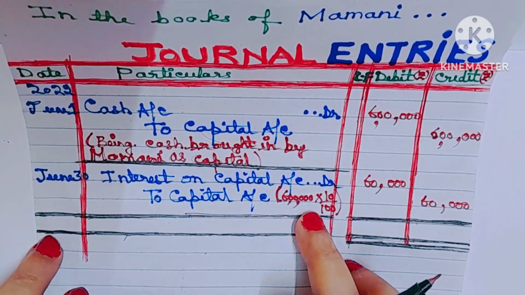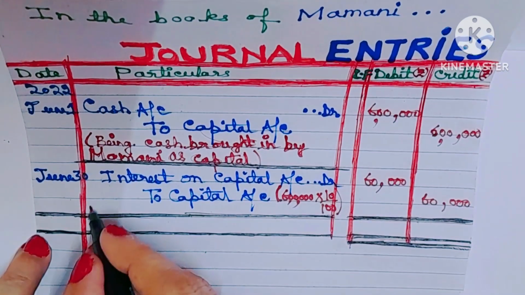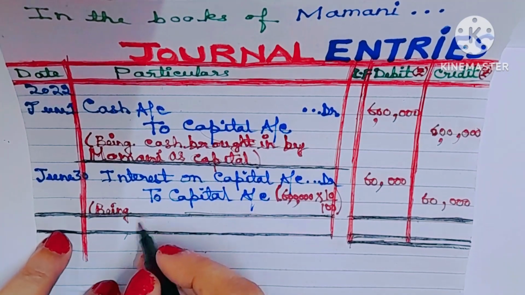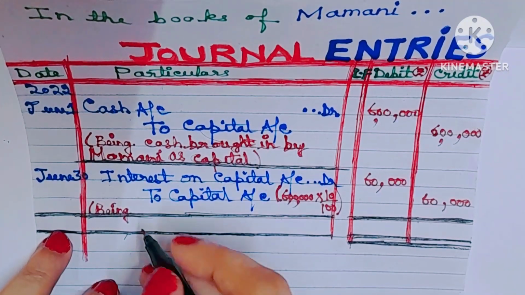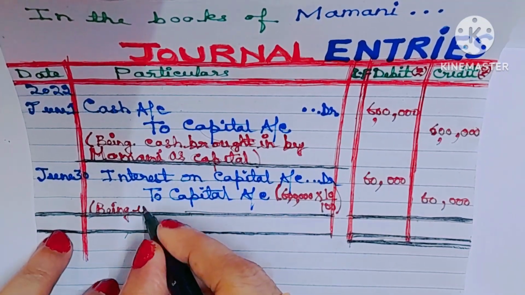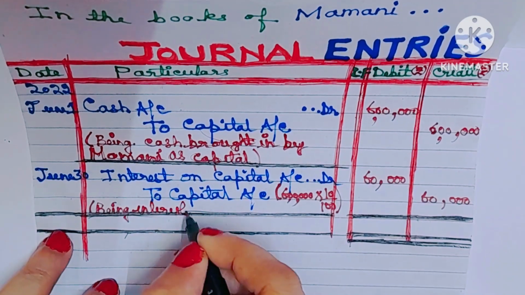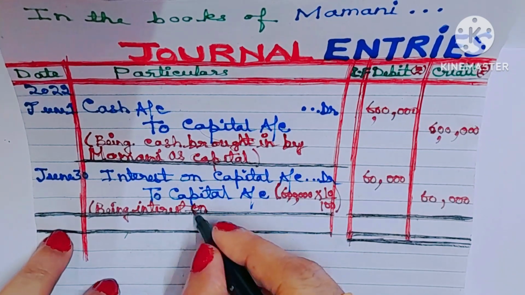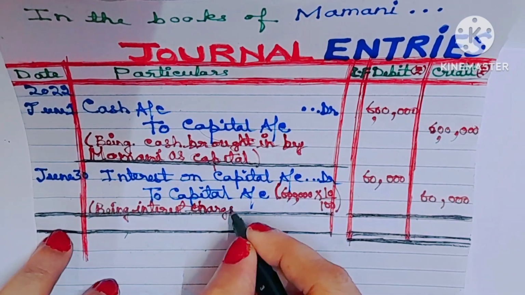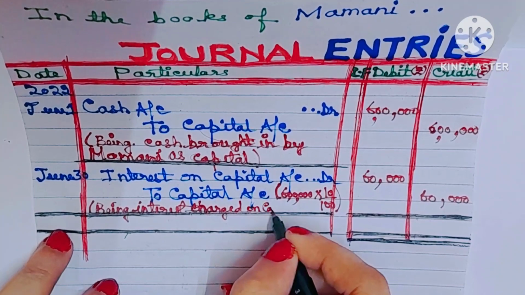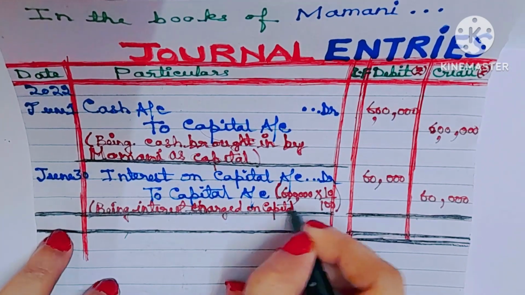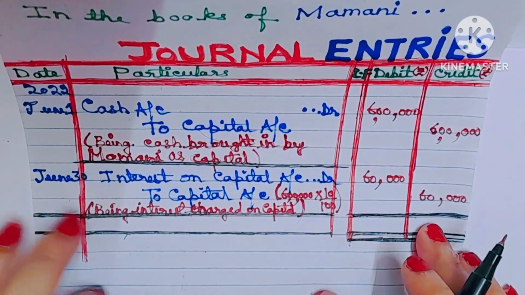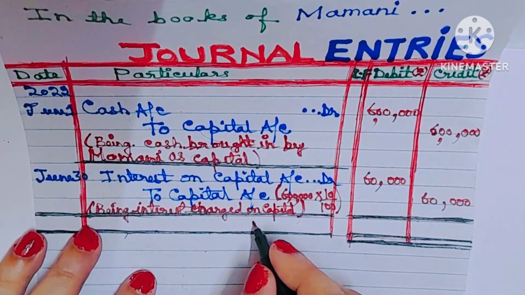6 lakhs into 10 by 100, being interest charged on capital or being interest provided on capital, as you wish. You got to write the narration always, otherwise marks will be deducted. Okay, being interest charged on capital. Understood? And always narration should be in bracket. Now let's do the total.